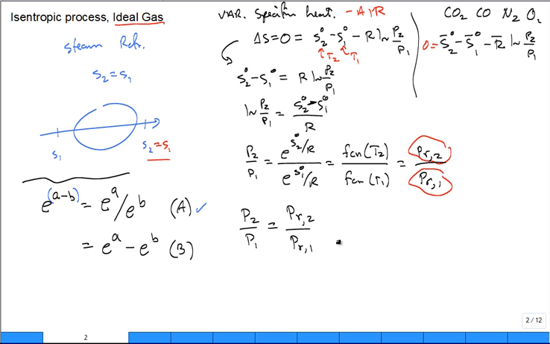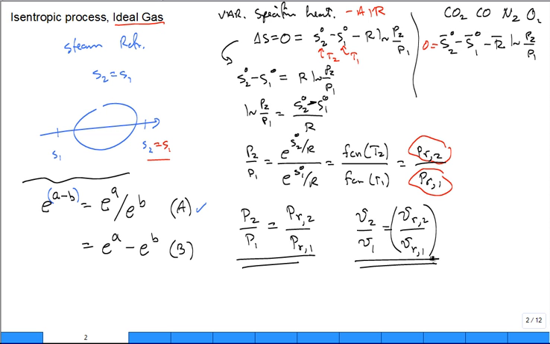Also, you can have another one, that V sub 2 divided by V sub 1 is equal to V sub R2 divided by V sub R1. So both of these equations are for air accounting for variable specific heat undergoing isentropic process.